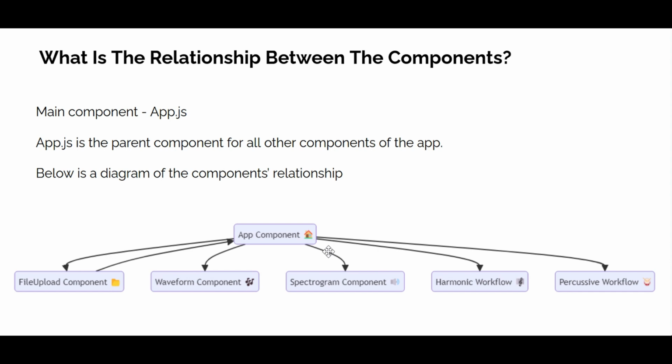Once it gets a response, if it's a positive response, a successful message, it tells the app component to tell other components, in this case waveform and spectrogram, to go and make a request to the server for the relevant data that they need to load the player on the page.